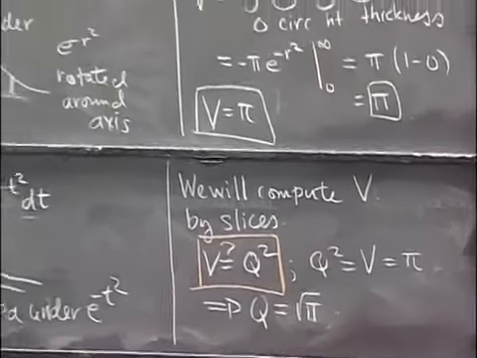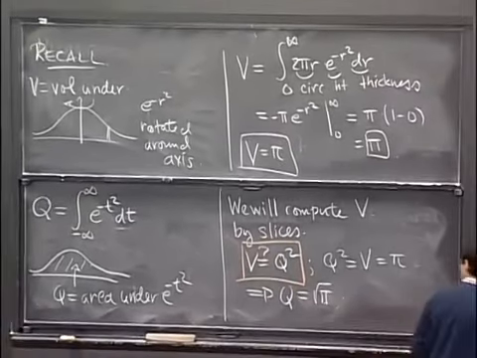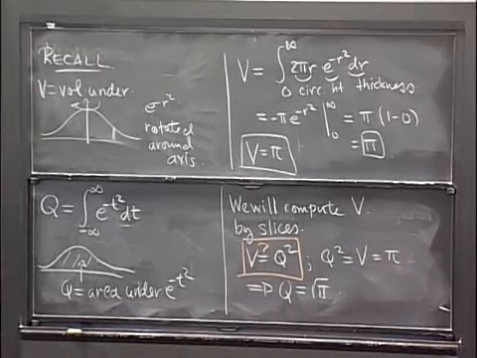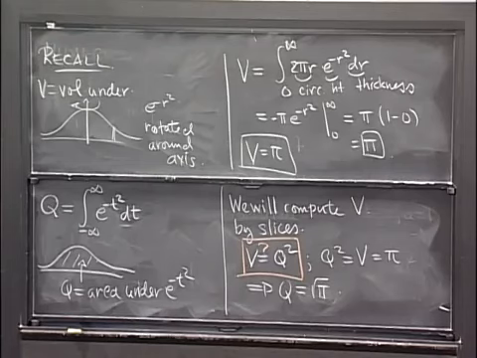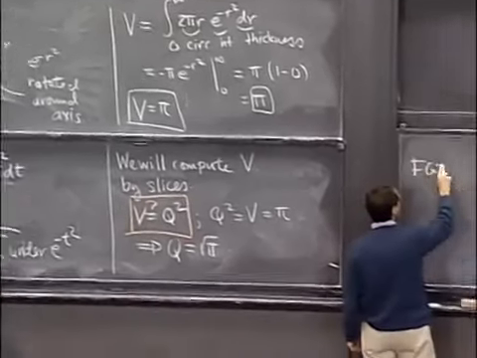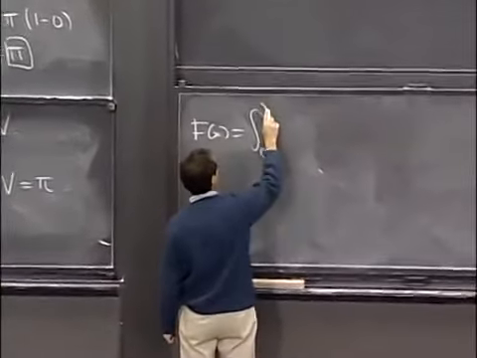Now let me connect this with what we did a few days ago, with what I called one of the important functions of mathematics besides the ones you already know. And so the function that we were faced with and that we discussed was this one.